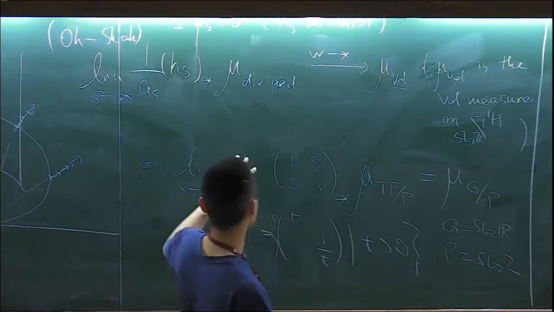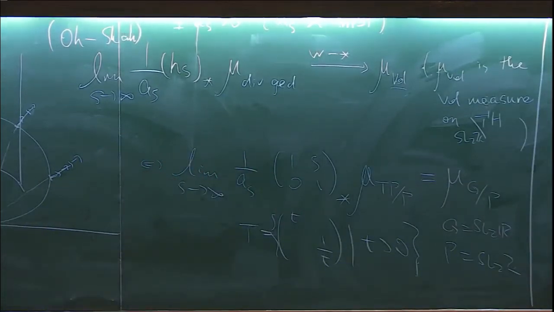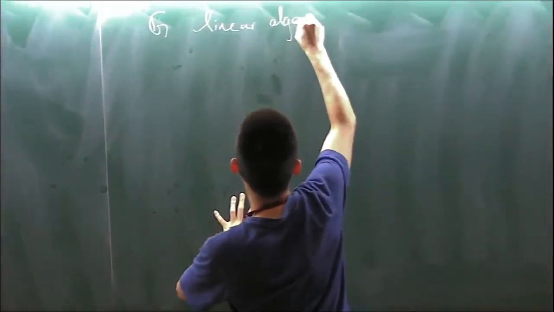Okay, so now I want to collect my notation here. G, this is not that G. This is boldface G. It's a linear algebraic group over Q. If you are allergic to this word, I will write examples.